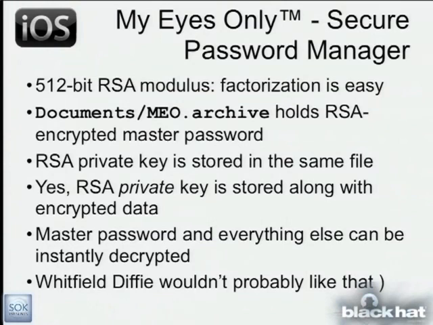And the funniest thing about this use of RSA is that the private RSA key is stored inside the data file along with the protected data. So the secret is stored near the key. I don't know who invented this, but it looks very funny to me.